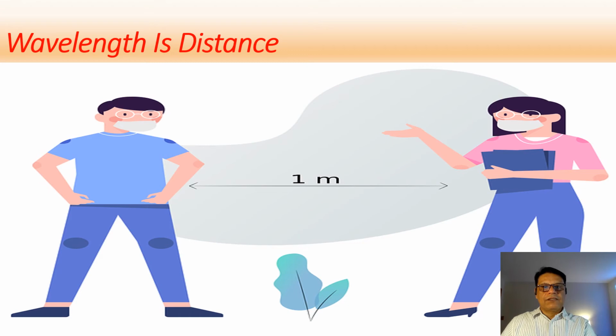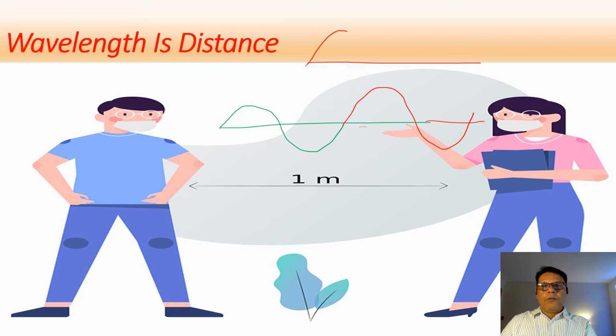Wavelength is the distance. We discussed it in detail, that it is the distance from the start of a cycle to the end of the cycle, or the start of the cycle to the start of the new cycle, or the distance occupied by a cycle.